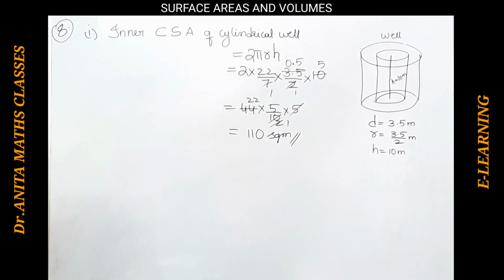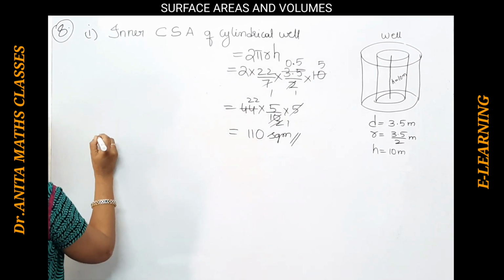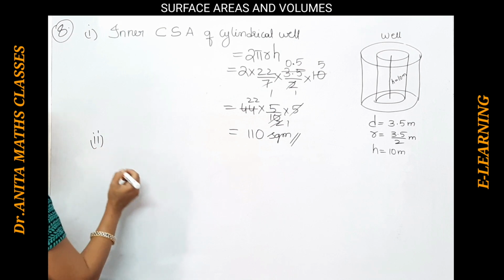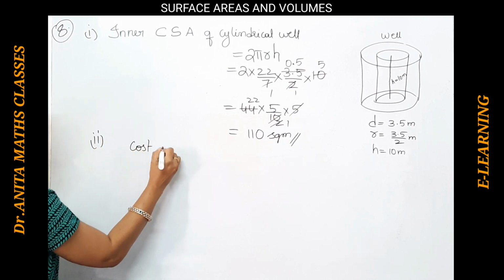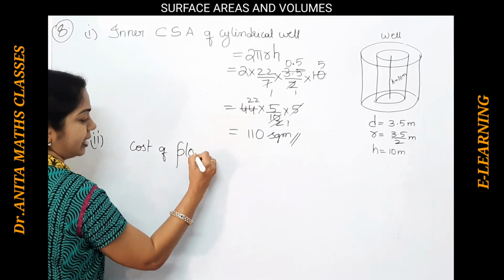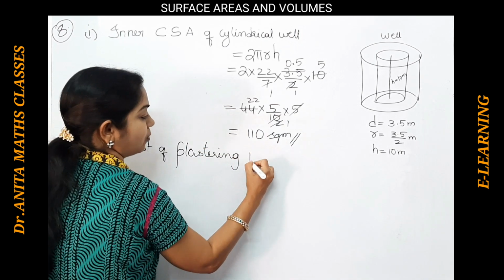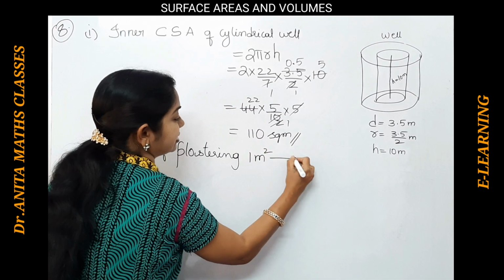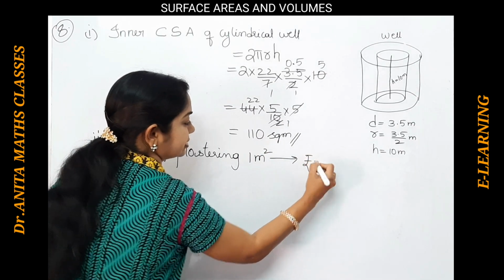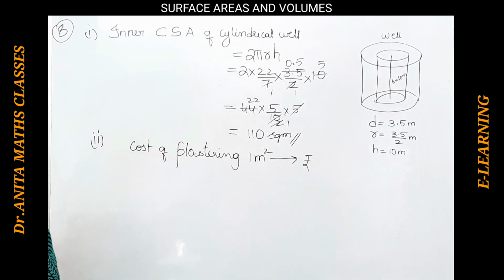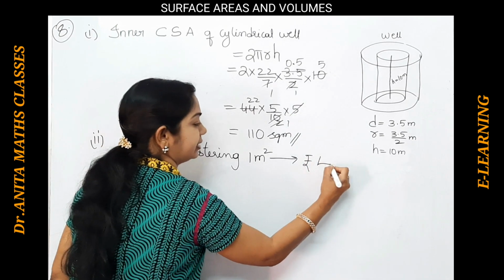We need to calculate again the cost of plastering this with cement. The cost of plastering for 1 square meter is given as rupees 40. Yes, 40 per square meter.